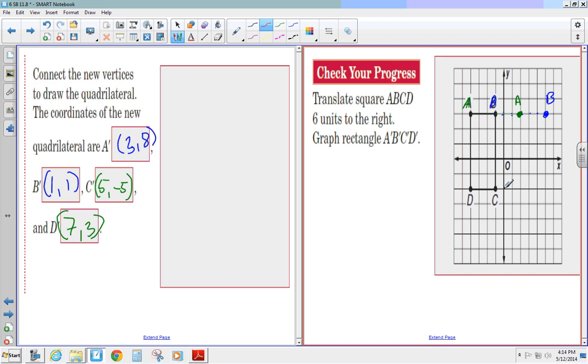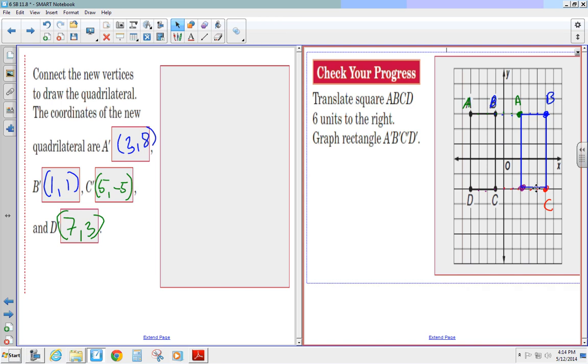The new C, 1 through 6. And then the new D, 1 through 6. So I've shifted the whole thing over 6 units. And it looks exactly the same as it did over here.